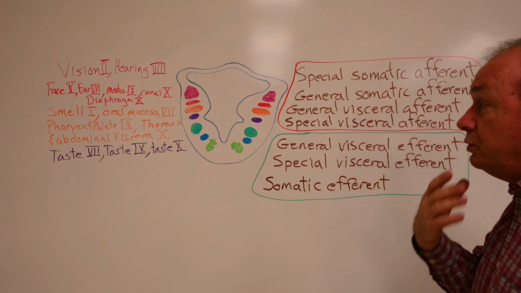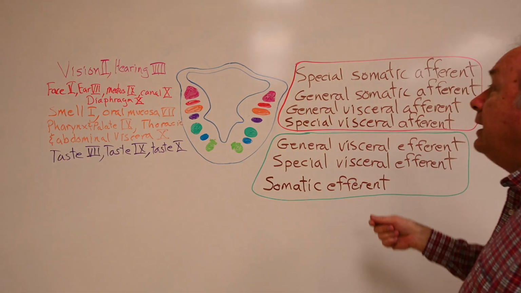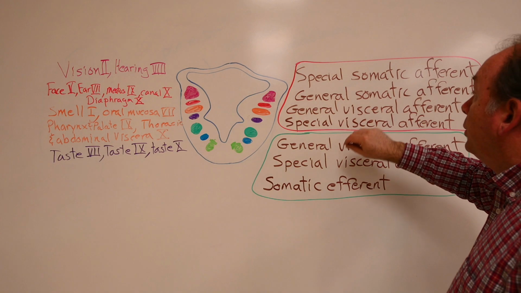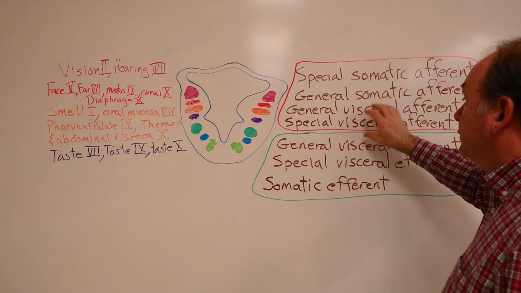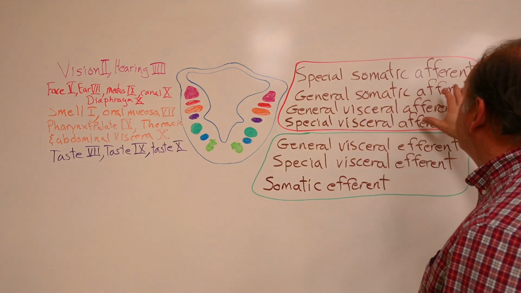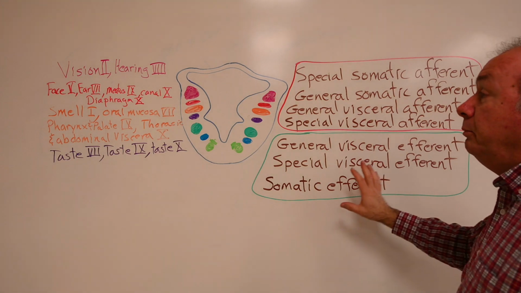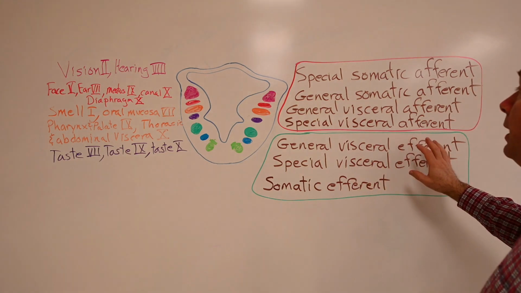So if it's not associated with those, it's more superficial, typically on the body, then that's in that group. So that's somatic versus visceral. The terms general and special are a little hard to sort out sometimes. Afferent and efferent are pretty easy to sort out.